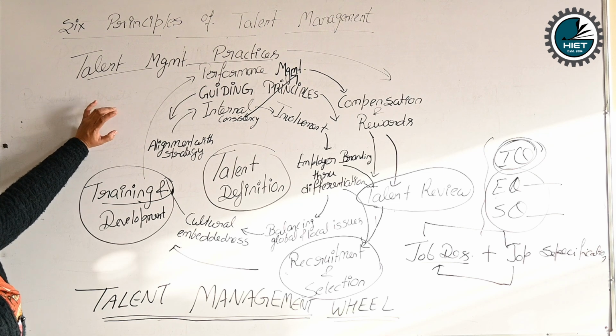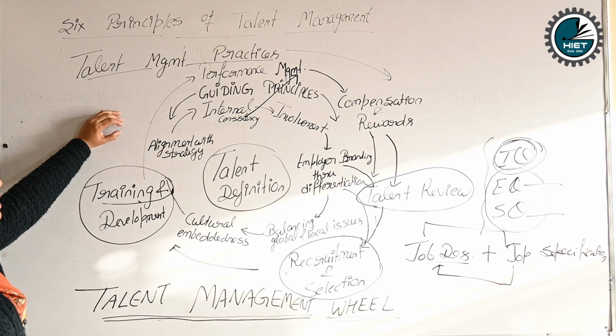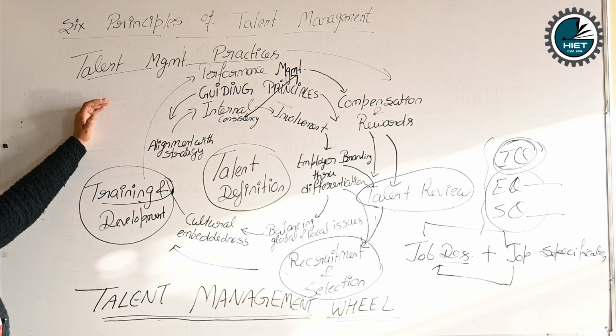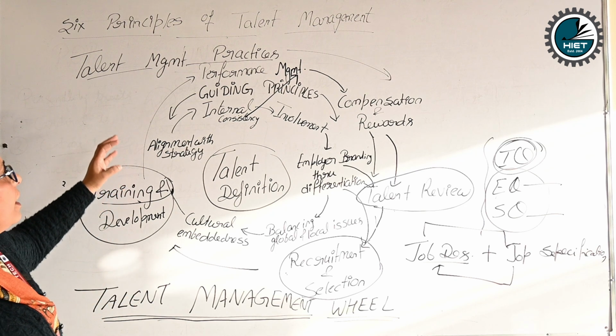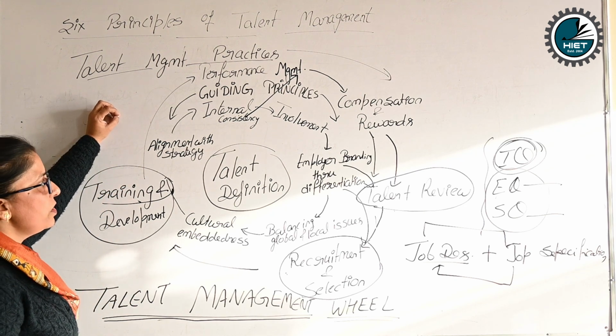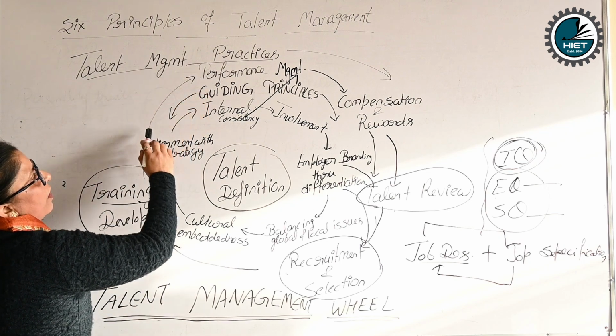So how the employee or talented person is going along with the policies of the organization, whether they are working according to the principles of the organization or are not performing well, then performance management plays its role.